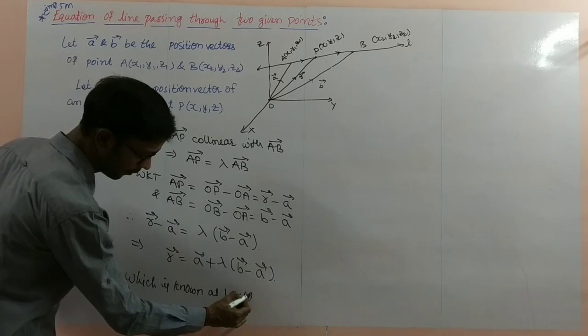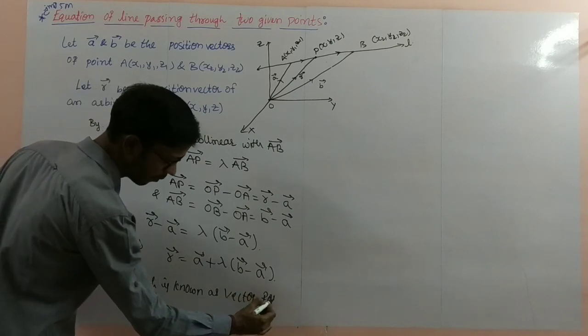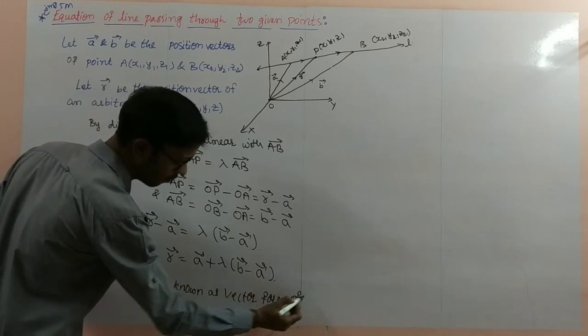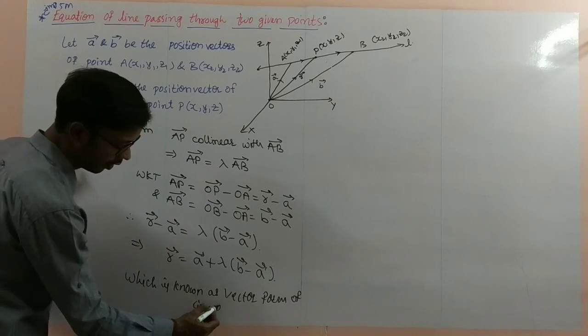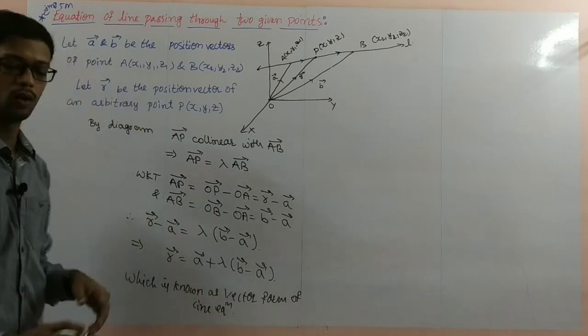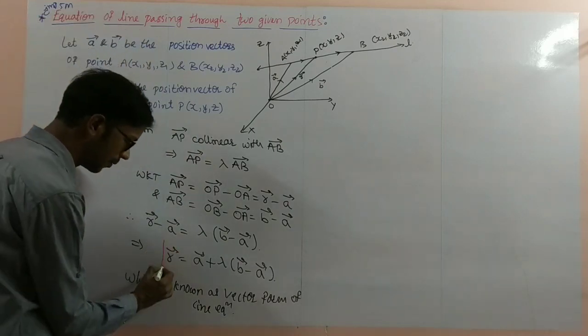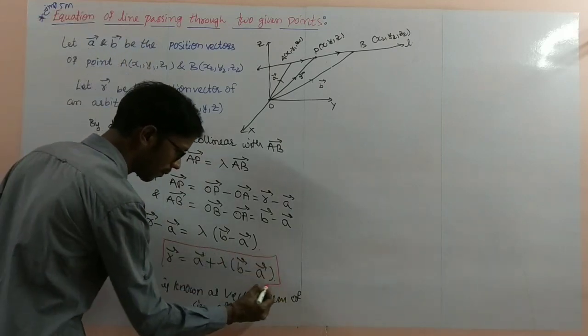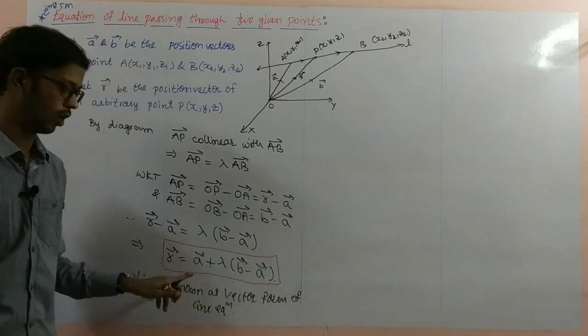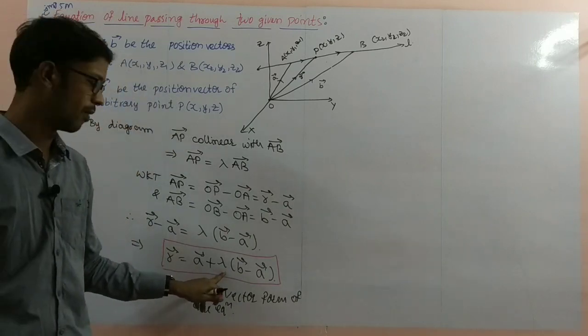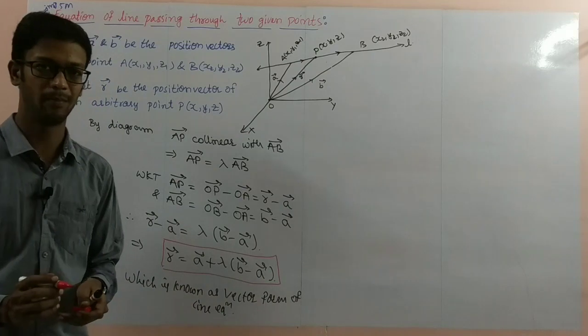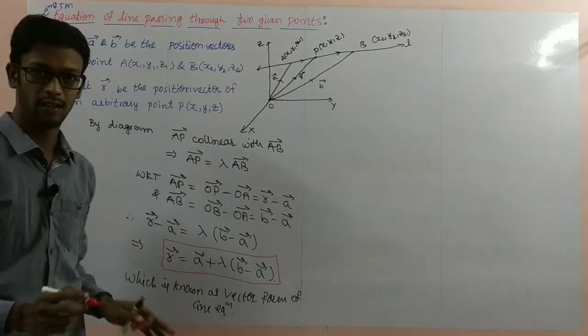the vector form of the line equation passing through two points. R bar equal to A bar plus lambda into B bar minus A bar. Two points are there, and this is the formula.